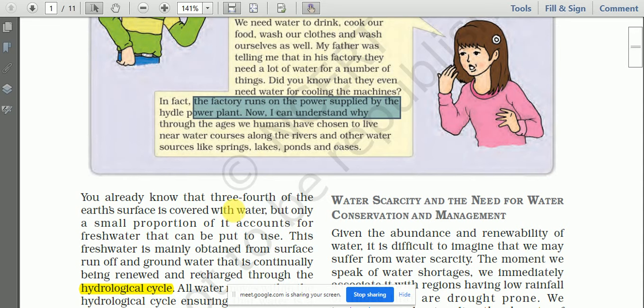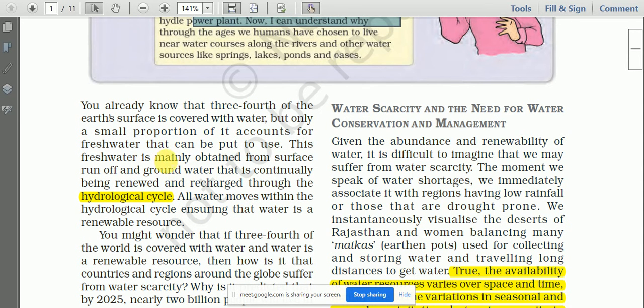So let us proceed. See here in this first paragraph, you have already learned in the lower classes that 3/4 of the earth's surface is covered with water. That is 71% of the earth's surface is covered with water, the remaining 29% by land. But see, only a small proportion of it accounts for fresh water that can be put to use.